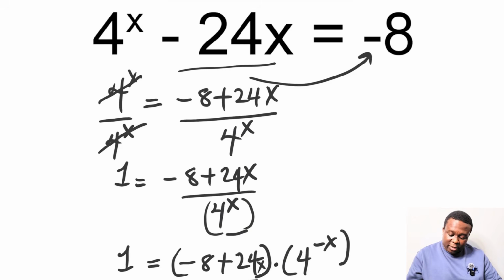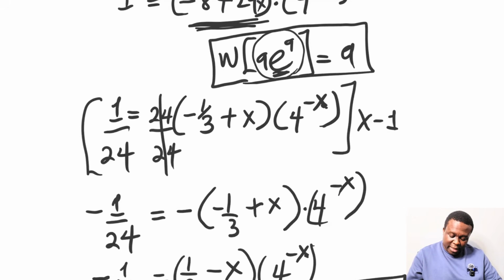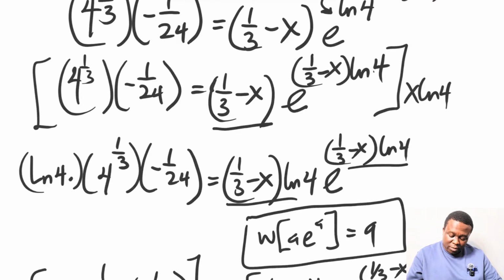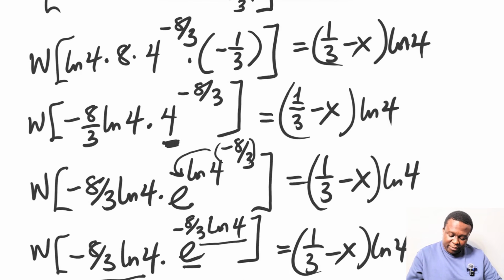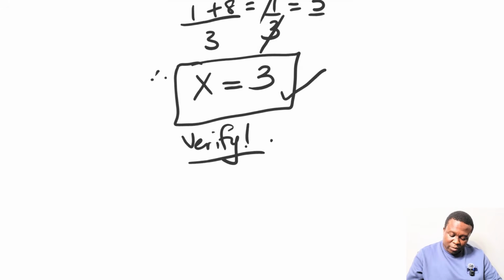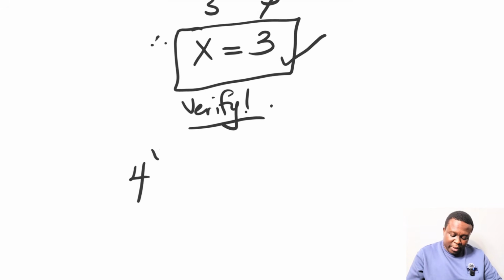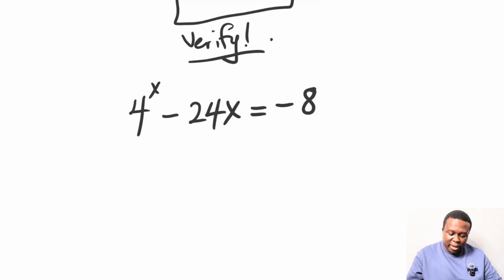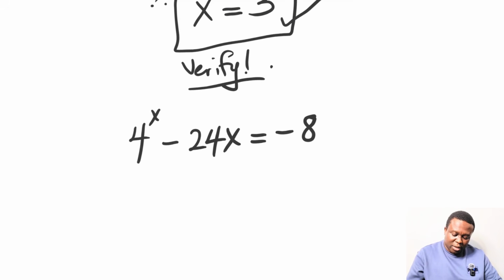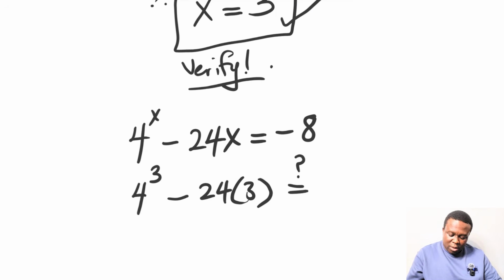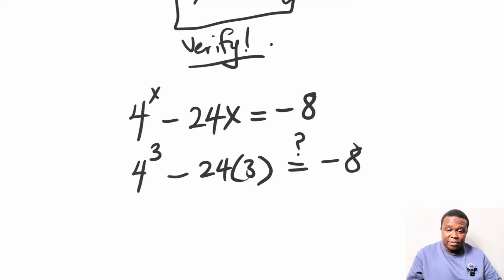It says 4 raised to the power x minus 24x equals minus 8. So let's see if we're going to get the same answer. x is 3. So we have 4 raised to the power 3 minus 24 times 3. Is this going to be equal to minus 8? That's what we're trying to find out.